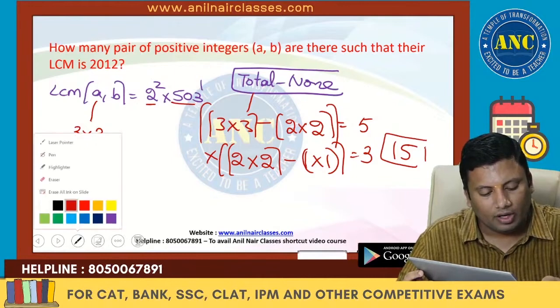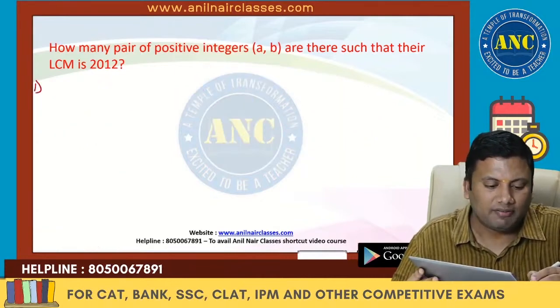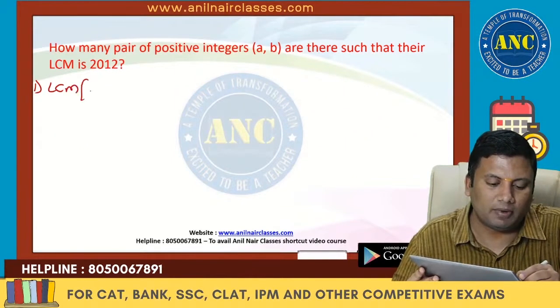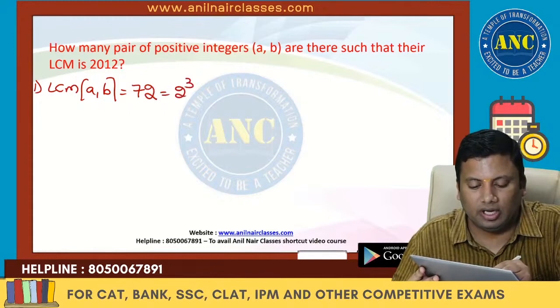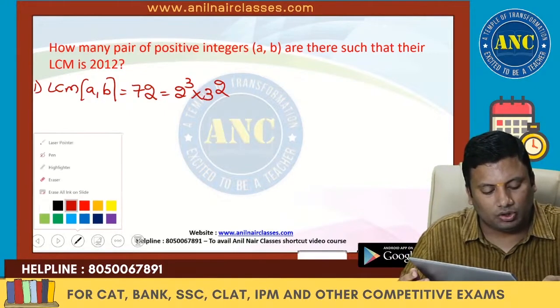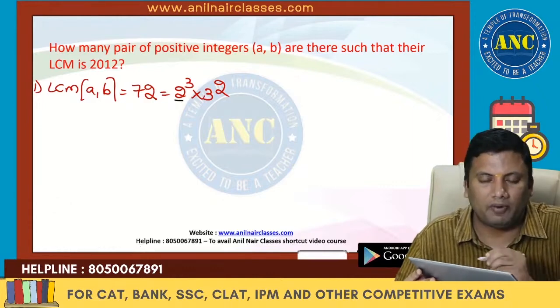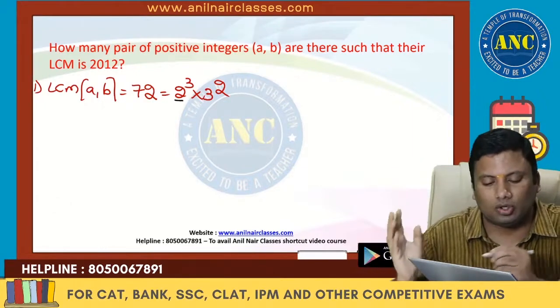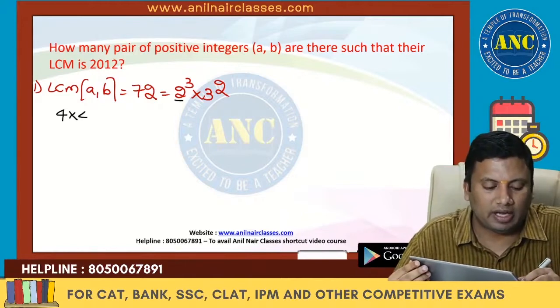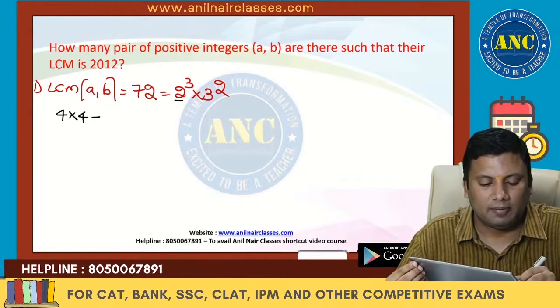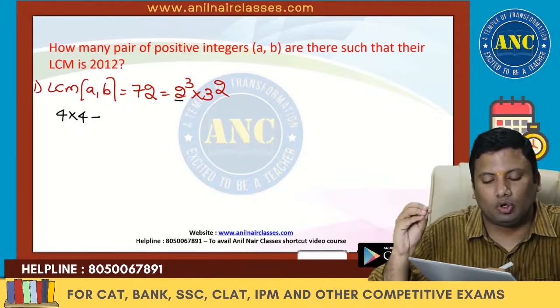Now we will solve 5 problems. First problem. LCM of A comma B is nothing but 72. 72 is 2 cube into 3 square. Total 2 power 0 to 2 power 3. A can take 4 cases. B can also take 4 cases. Minus, don't take 2 power 3.